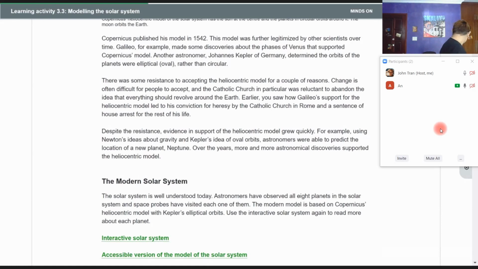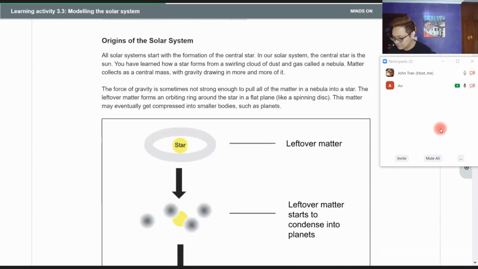The modern model is based on Copernicus's heliocentric model, with Kepler's elliptical orbits. Now, the origin of the solar system. All solar systems start with the formation of a central star.